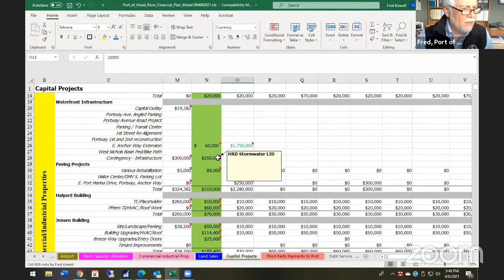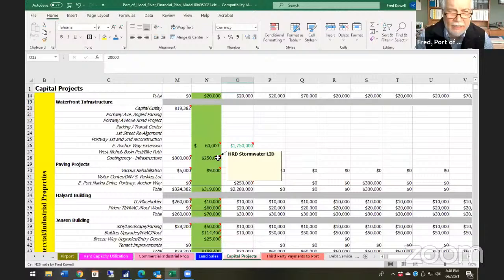We also have some contingency here. For the newcomers, there was some stormwater damage that occurred to industrial property.